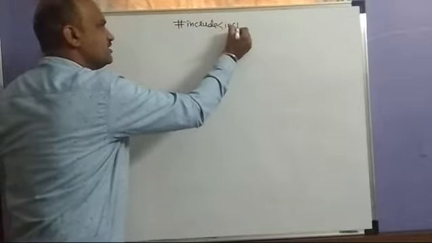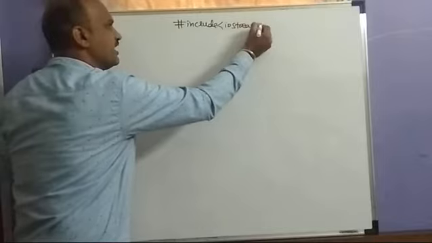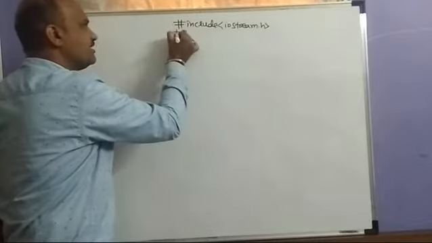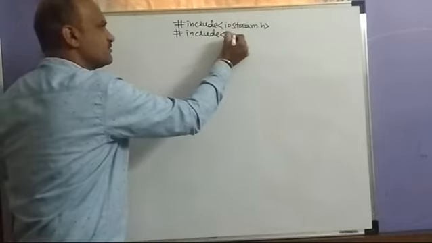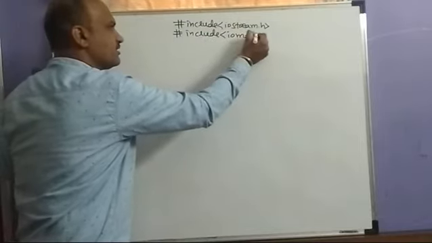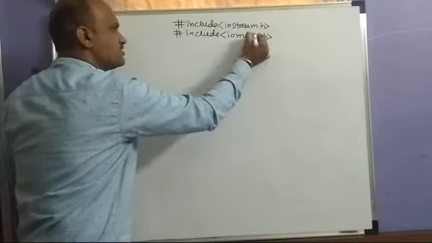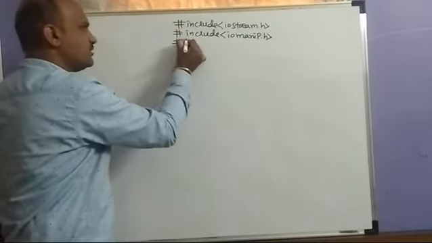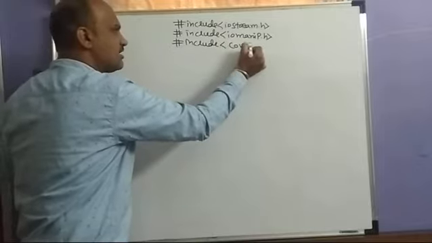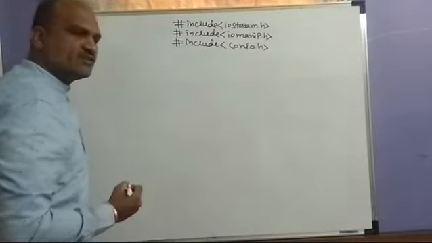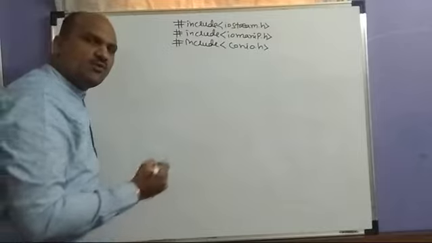Using the header files, we will create the basic header files: hash include iostream.h, hash include iomanip.h, then hash include conio.h. Then we have the class.